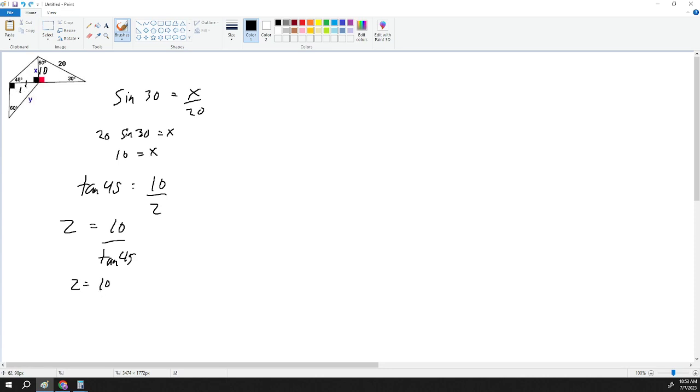10 is 10 also. Now we have 60 degrees. We have 10 here. We just have to find y using sine again. Sine 60 will be 10 over y, or y is equal to 10 over sine 60.